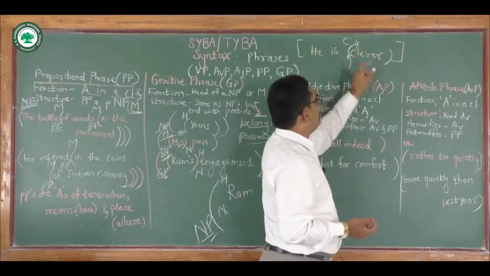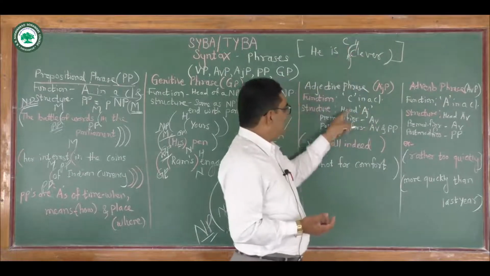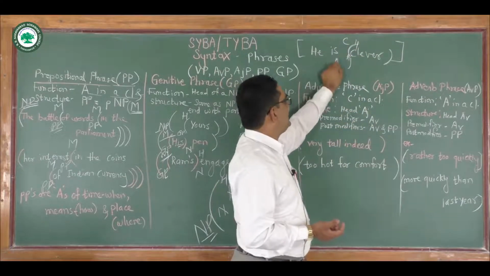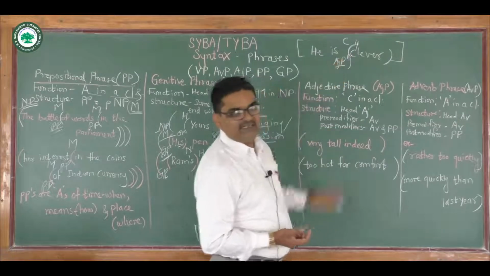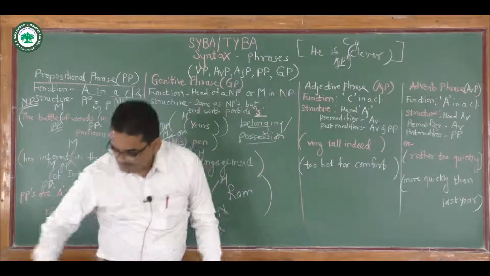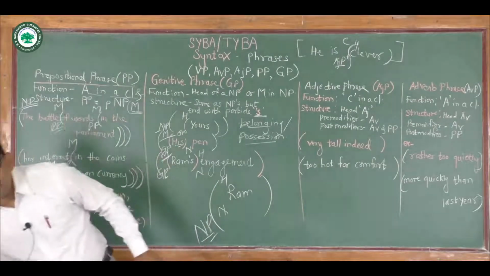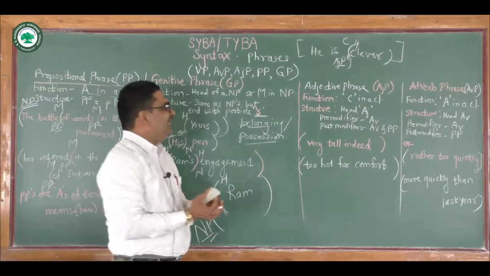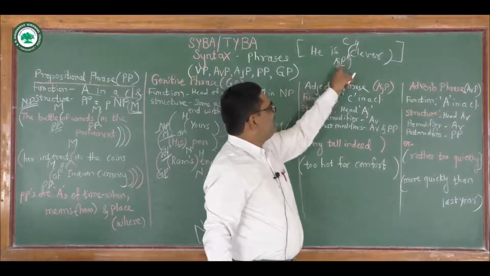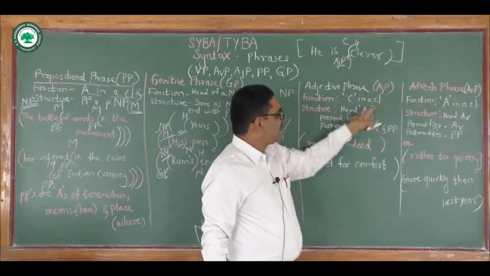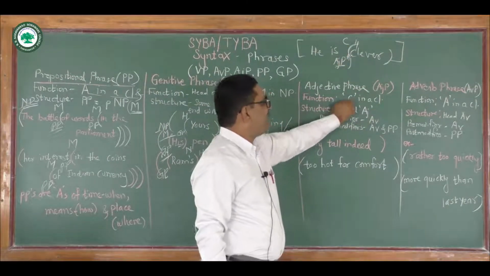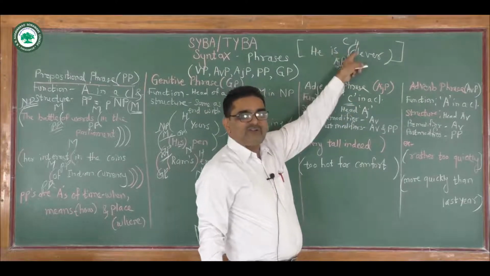But what is the functional label? The phrase is AJP, an adjective phrase, and at the same time, in a clause, it functions as a complement.